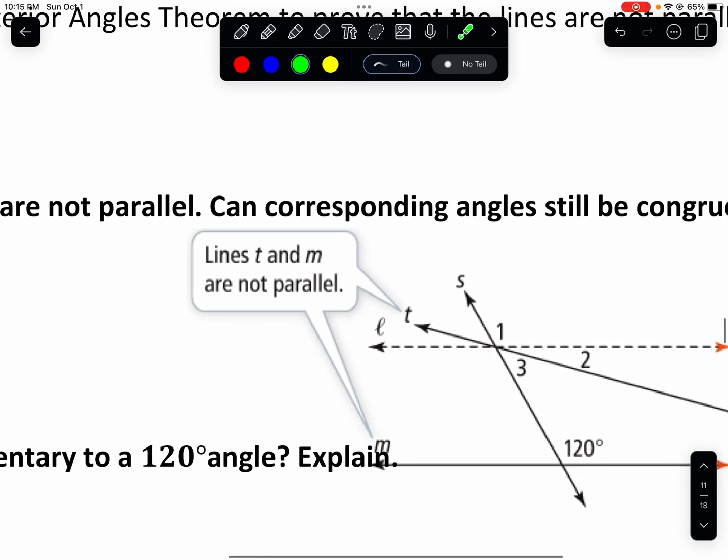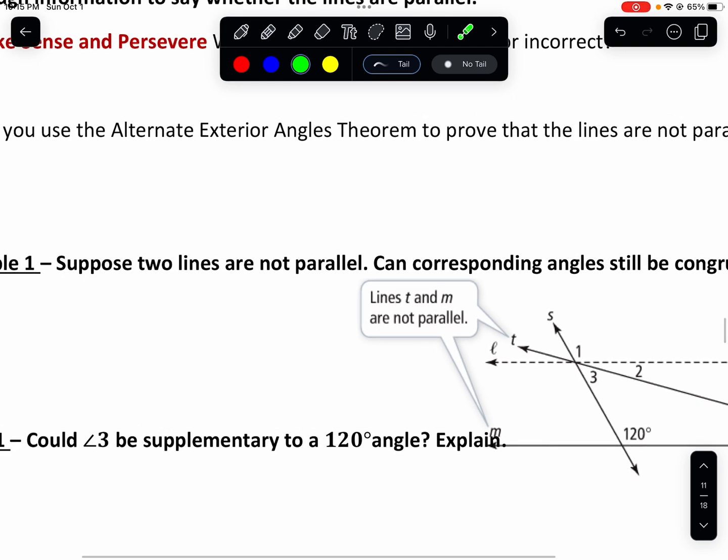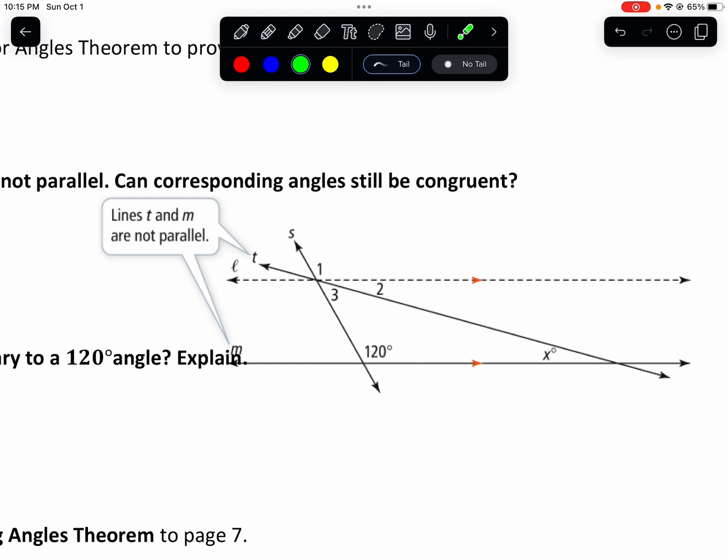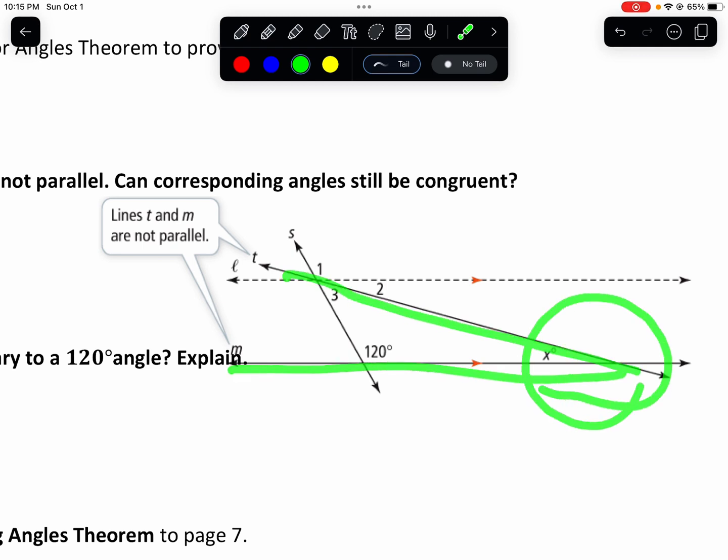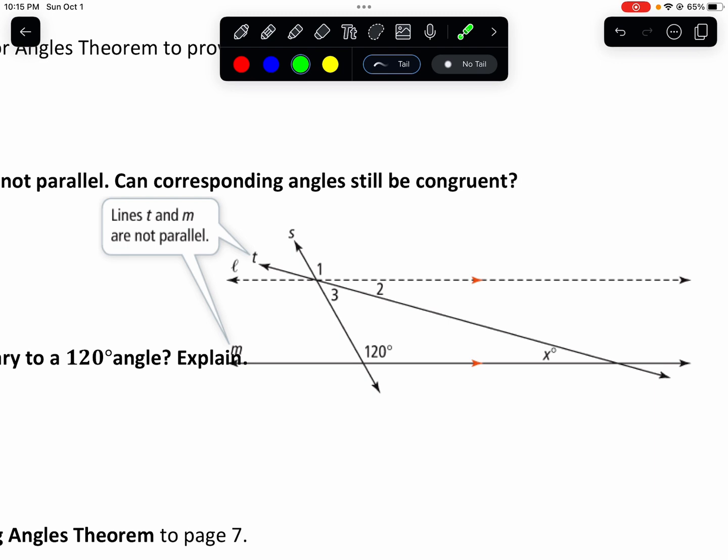Now, let's suppose that these two lines are not parallel. Take a look at the two lines in our picture, T and M. They are not parallel. If they're not parallel, they will have to intersect at some point. It doesn't matter how close it is or how far it is, but they're going to intersect at some point, which means they'll make an angle.